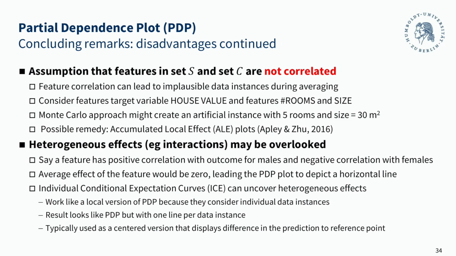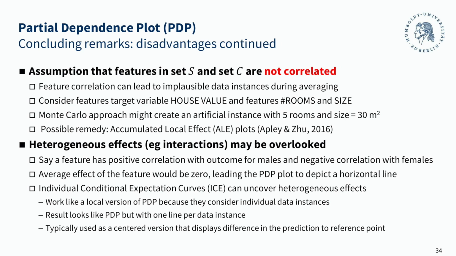A similarity between how PDPs work and how feature permutation works is that you create artificial data points. In permutation importance, you permute feature values, and by permuting feature values, or plugging in random values for that matter, you create data points that do not exist, or that have not been observed.